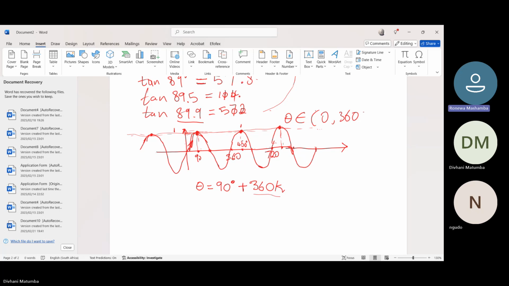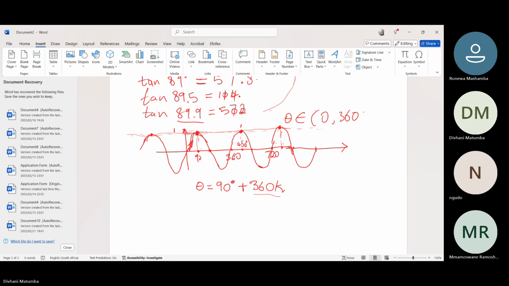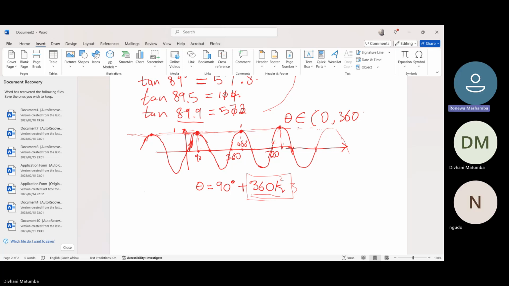Yes, then it has to be 720. And 720, if I'm generalizing and putting 720 in this equation also, 2 times 360 will give me 720. But if I put 3, what is 3 times 360? 1080. Yeah, that's what I'm gonna add from that point to there.